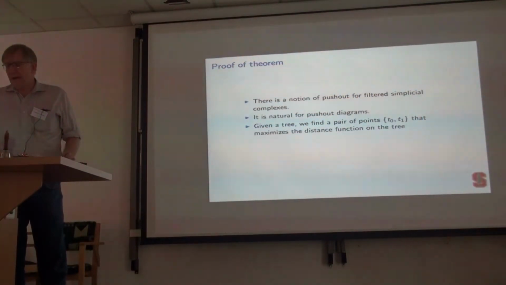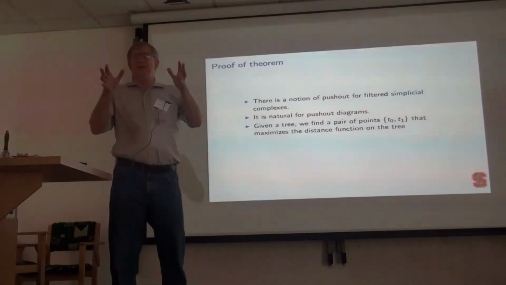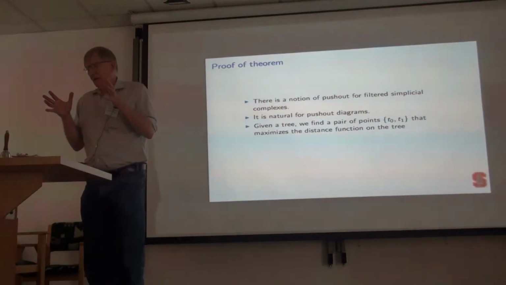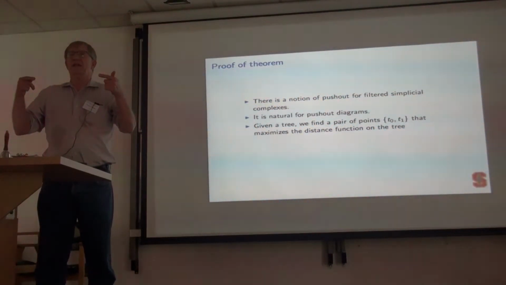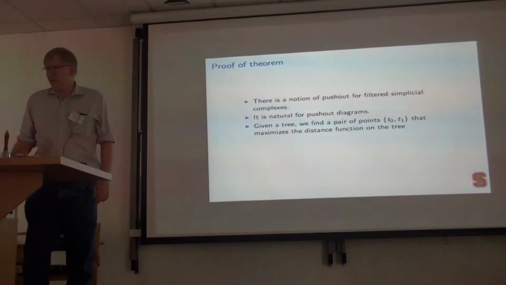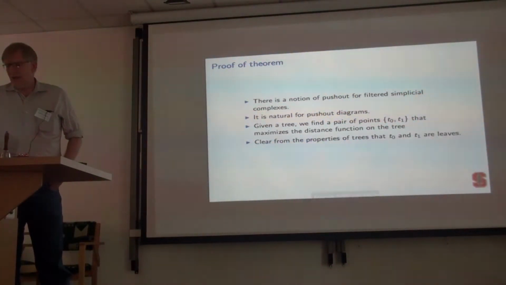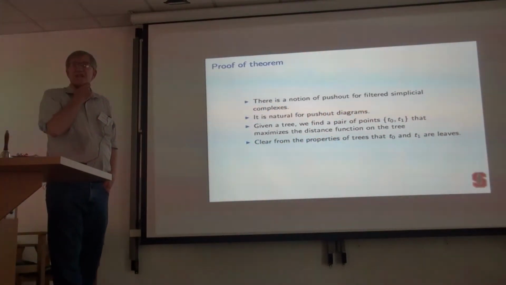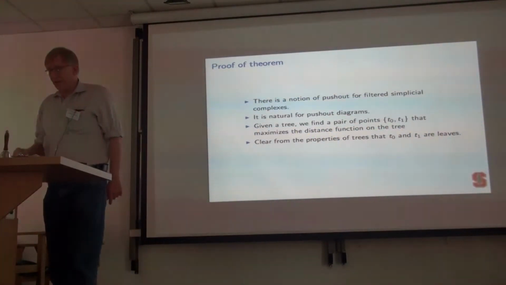All right. But so now the notion will be the following. I'm going to take my tree and try to reduce the calculation to a tree of slightly smaller size. Given a tree, we'll find a pair of points T0 and T1 that maximizes the distance function on the tree. It's clear from the properties of trees that T0 and T1 have to be leaves of the tree, that is to say, they have to be out at the very tips.